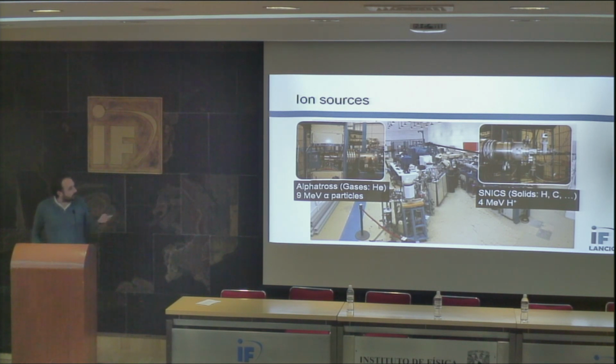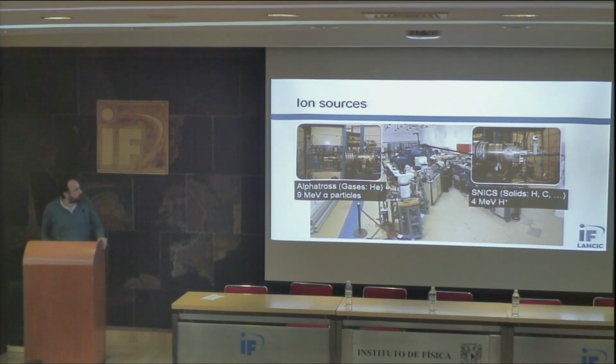The highest energies we can use are 9 MeV for alpha particles and 4 MeV for protons. We could go to 6 MeV protons, but we don't have the radiation safety for it, so we limit it to 4 MeV.